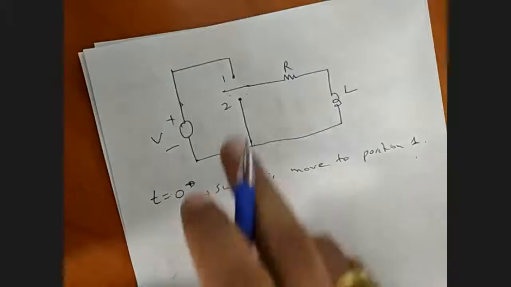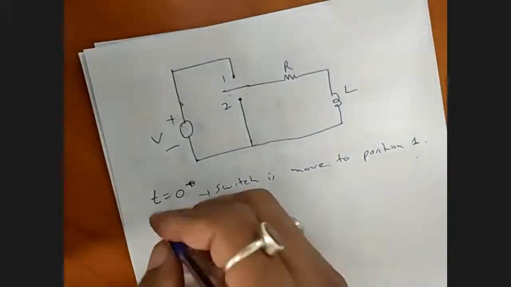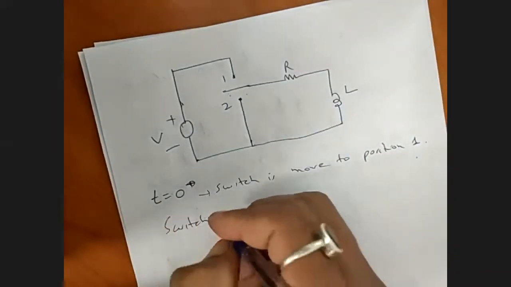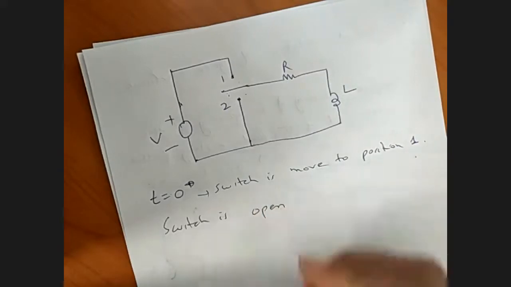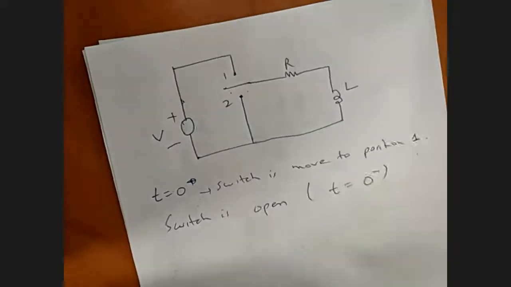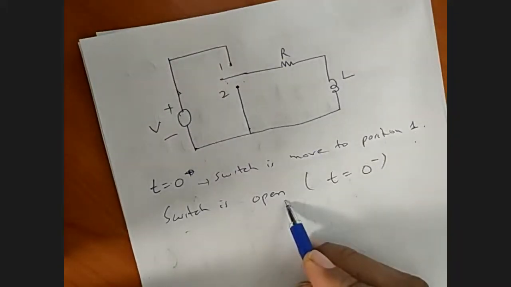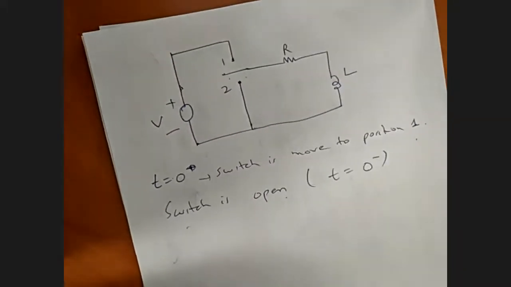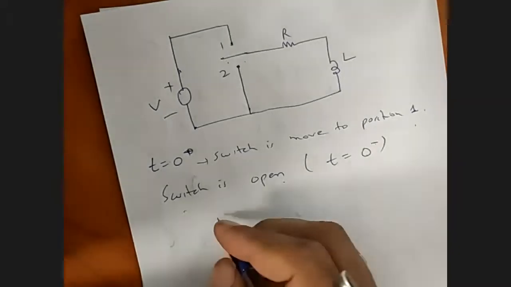So before position 1, this switch is open, that means at t equal to 0 minus the switch is open. So at t equal to 0 minus you have to draw the circuit.